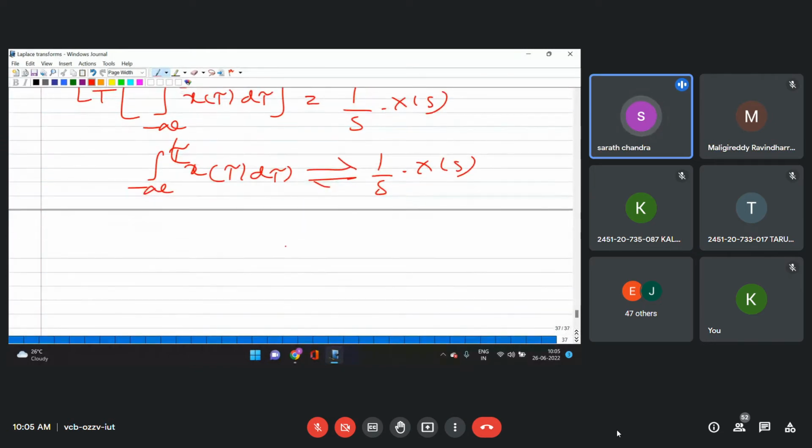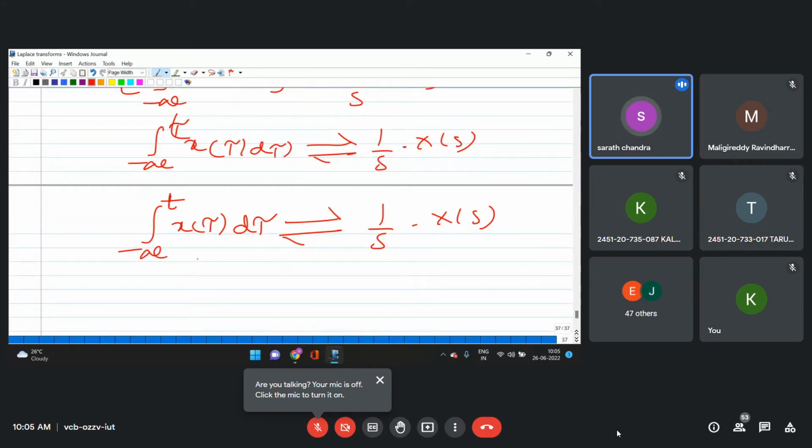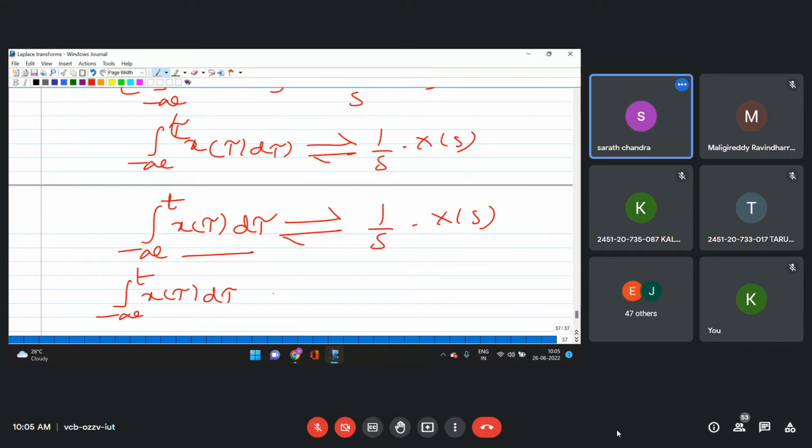So the question is this. The actual property is this: the integral from minus infinity to T of X of tau d tau should give 1 by S times X of S. This is the property. Right? Which property is this? Integration in time property. Right? But what we have done is, instead of proving this, first we have proved that the integral from minus infinity to T of X of tau d tau is equal to X of T convolution with U of T. We have proved it, right?